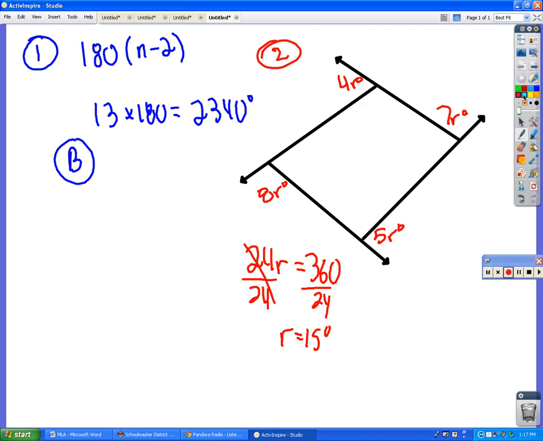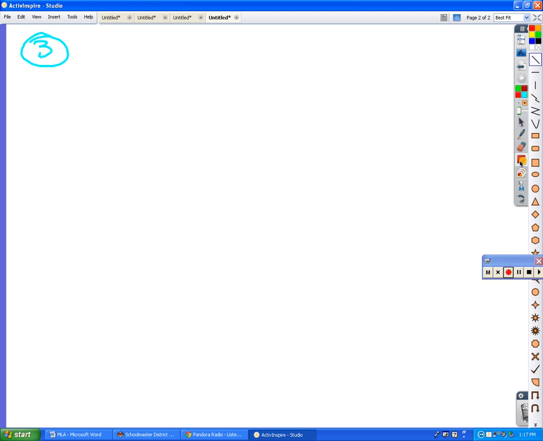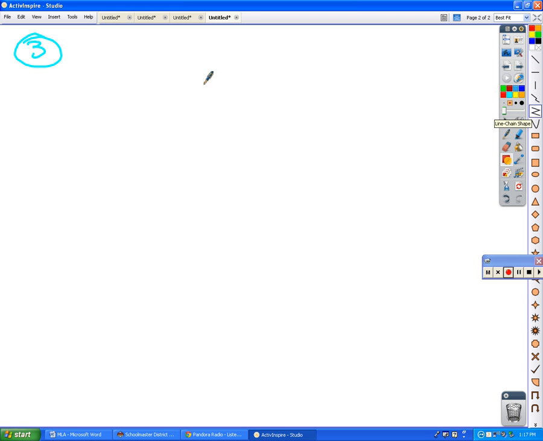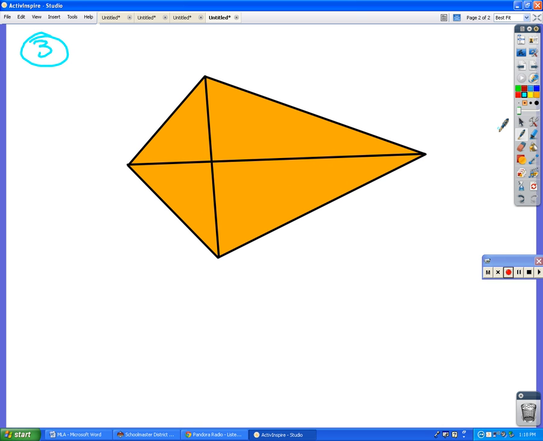All right. Number 3, we have to remember some stuff about kites. So what do you remember about kites? 4 sides. Okay. What else? What's true about the diagonals of a kite? They are perpendicular to each other. Okay.